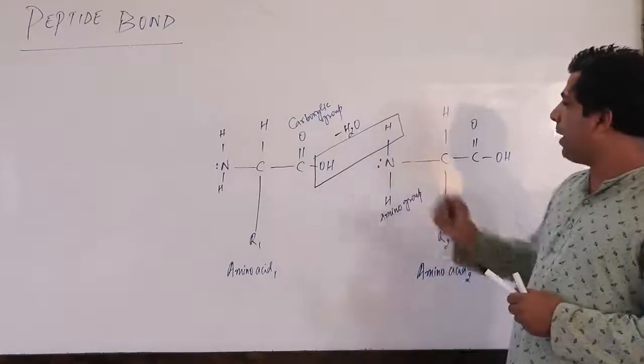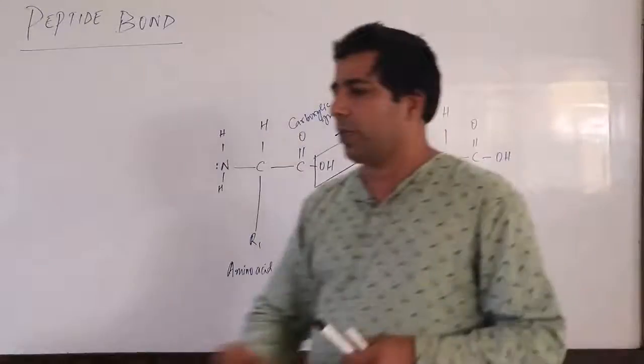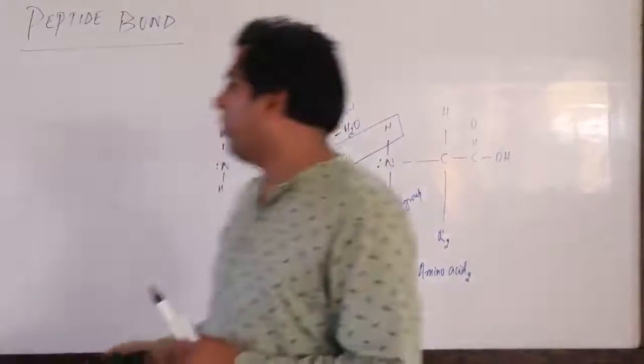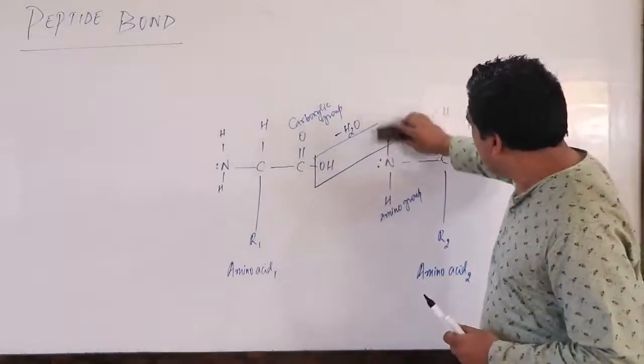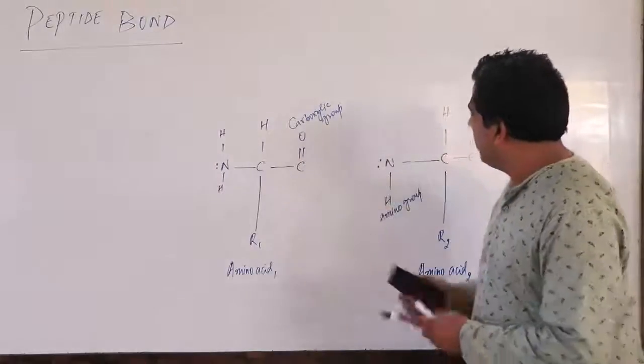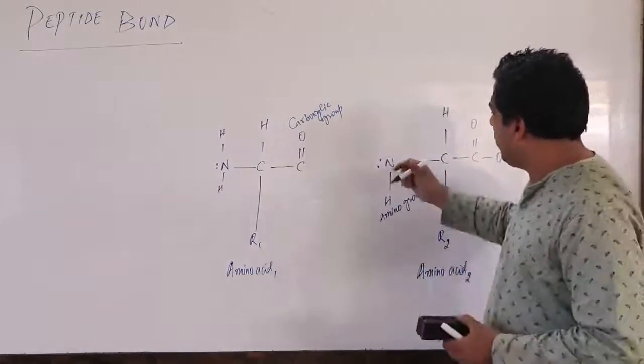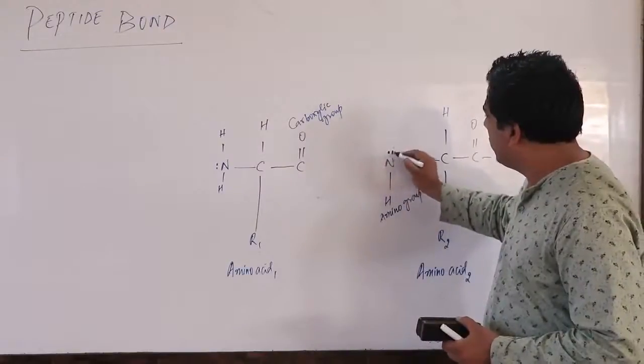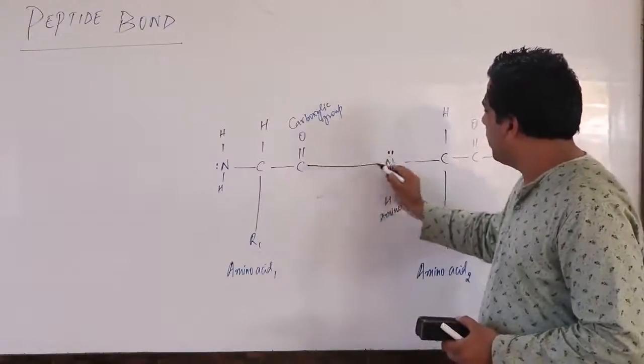So how the peptide bond will be formed? Have a look here. The peptide bond will be formed like this. If I remove this hydrogen from here and OH from here, now these two groups can react. Carbon and nitrogen can react.